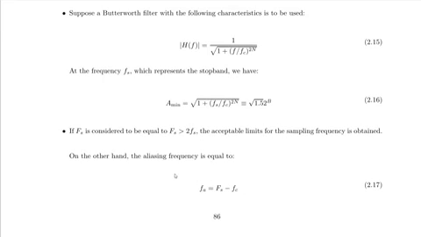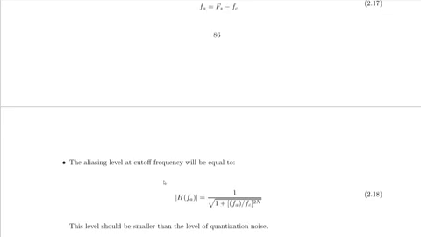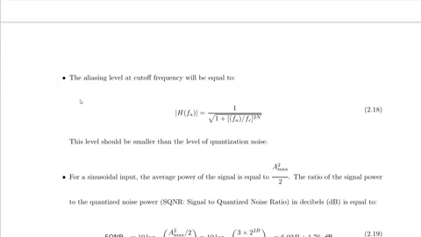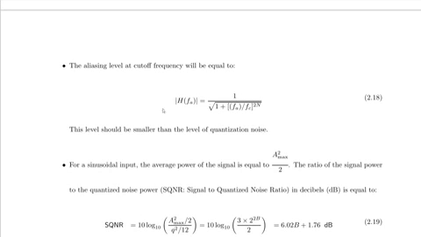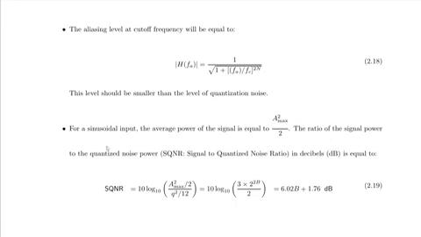So two important equations: F_s is greater than 2 times the stopband frequency, and the aliasing frequency is F_a = F_s minus the cutoff frequency. Anyhow, the aliasing level at the cutoff frequency will be equal to the following; you may read the equation, a very simple one. This level should be smaller than the level of quantization noise.